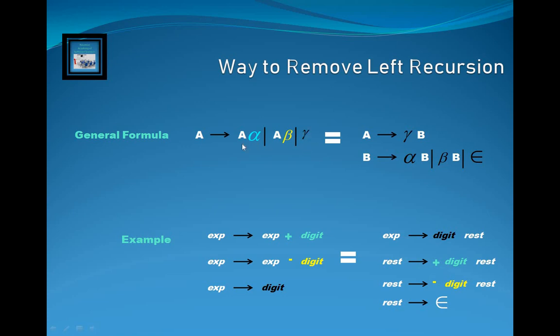For example, here A can have the form A alpha, or A beta, or gamma, so you will choose of course gamma.